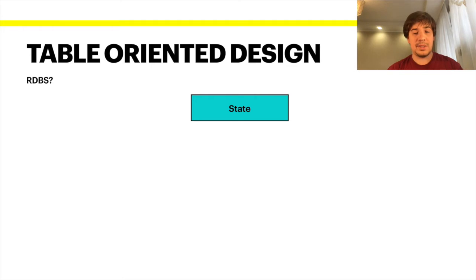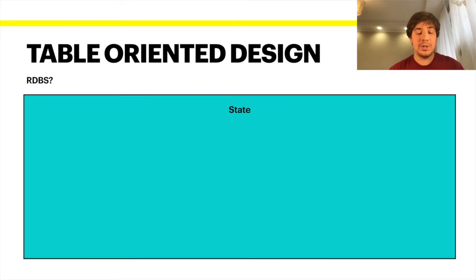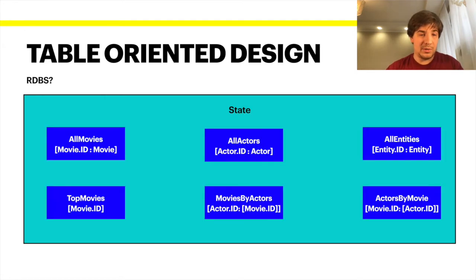I believe that state is best shined when you use table-oriented design or normalized design. So what it is, we'll zoom up a little bit. Inside the state, we want to model real relational database structures like we used to inside SQL or maybe inside Core Data.